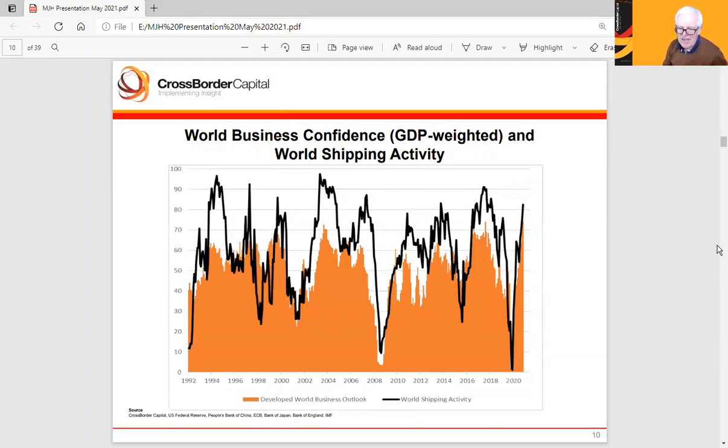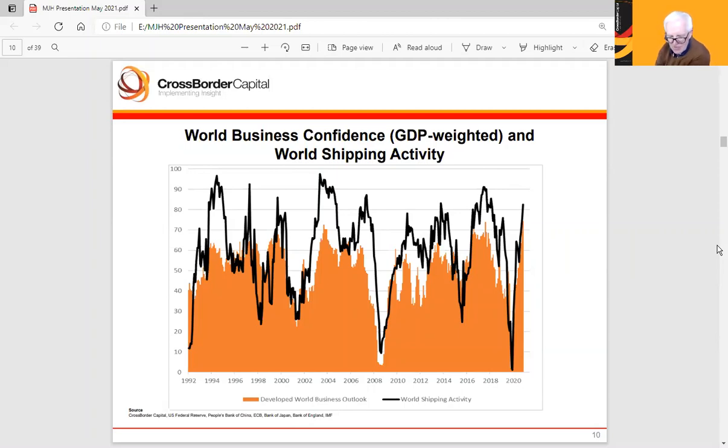And as this chart here shows, this is different data. This is other data we gather, which is probably more comprehensive in a way, or maybe more conventional, I should say. This is looking at the business confidence surveys worldwide aggregated together.